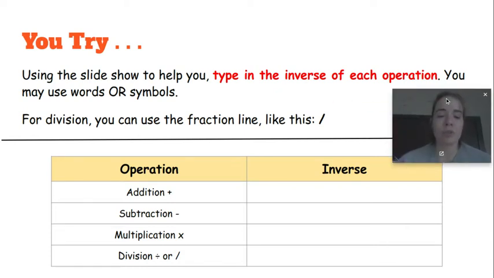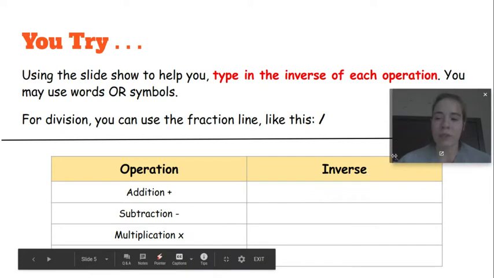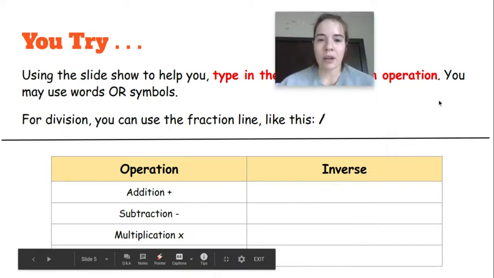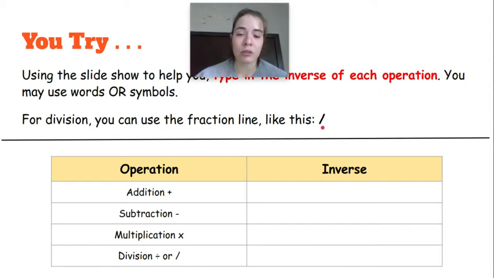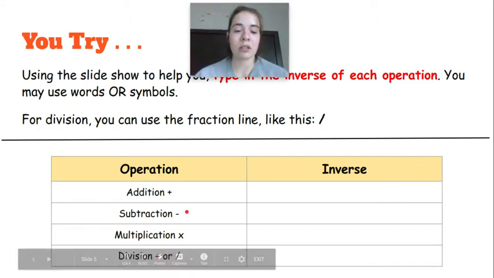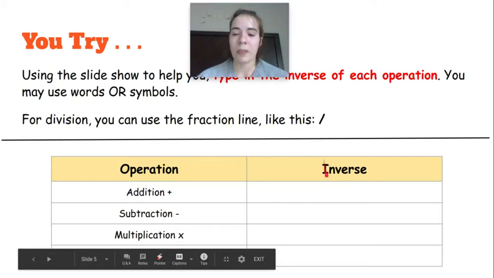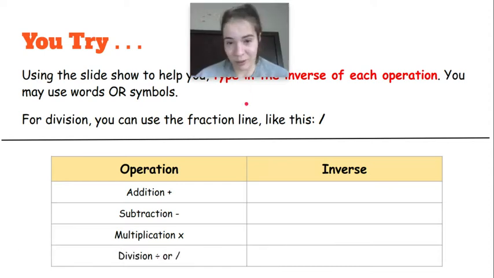If you choose to use symbols for division, which I can show you how to do on the Chromebook, but it's tricky, just use the fraction line, all right, like this. So what I want you to do, here are the operations. I've got addition, subtraction, multiplication, division. I want you to come over here and type in the inverse. And that's all I'm asking from you today, okay?